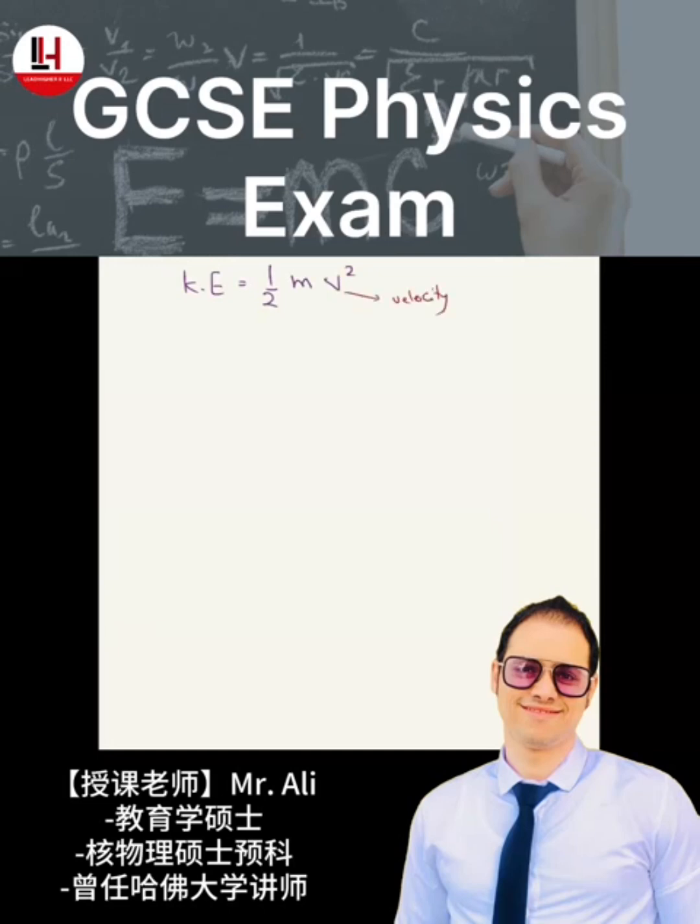So even mass is not negative, right? Velocity could be positive, it could be negative. But this is v squared, so half m times negative v squared is still positive. So kinetic energy is impossible to be negative. Okay? Good. Why, teacher? Because of v squared.